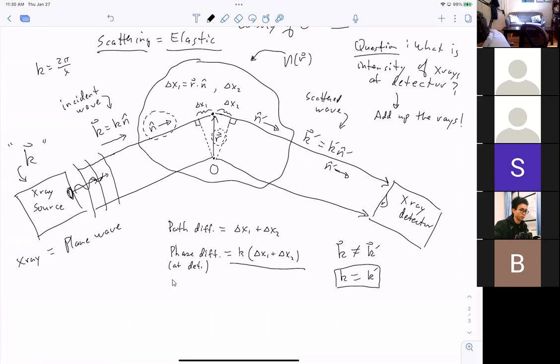Now let's do the same thing for x2. For x2, I have r, and now I have n hat prime. What is delta x2 equal to? This is the direction of these little delta x's. Can you see that in terms of r and n prime?